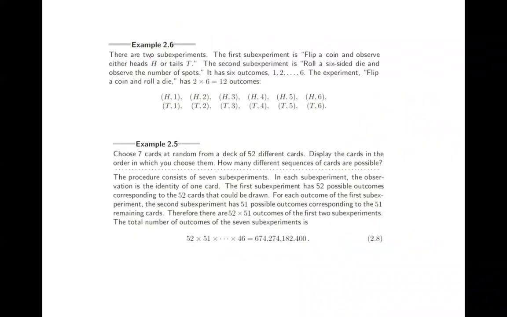Okay, we have two sub-experiments. The first one is to flip a coin. The second one is to roll a die. The first one will have head or tail. The second one will have 1, 2, 3, 4, 5, and 6.